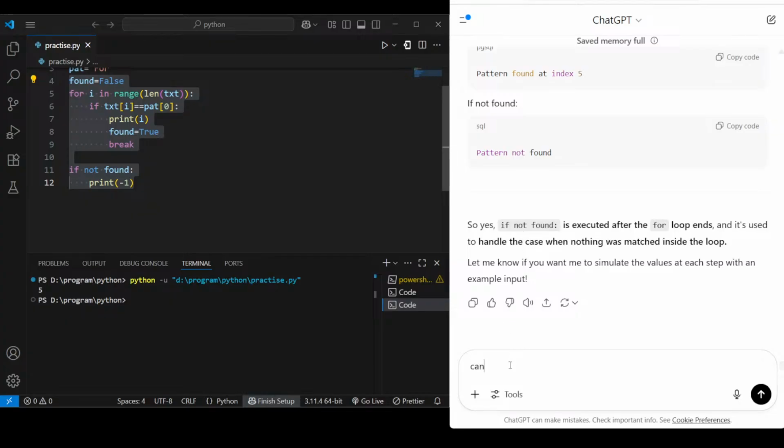Still, guys, I have a small doubt. Can you give me a simple example of not?